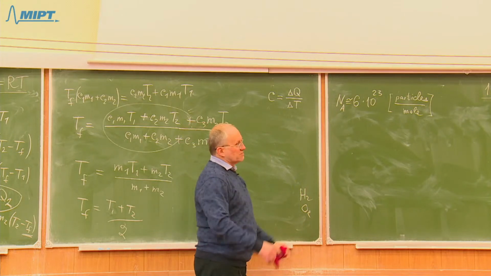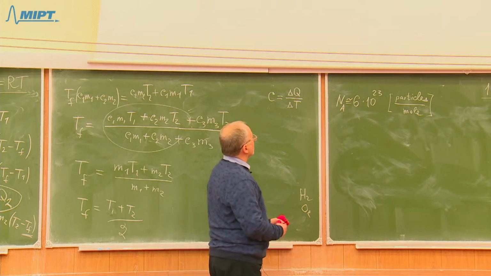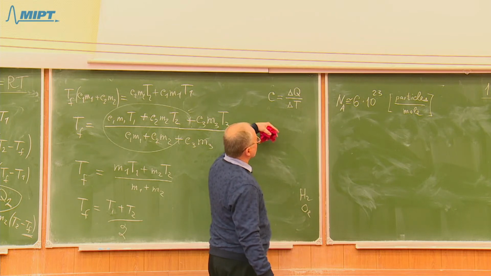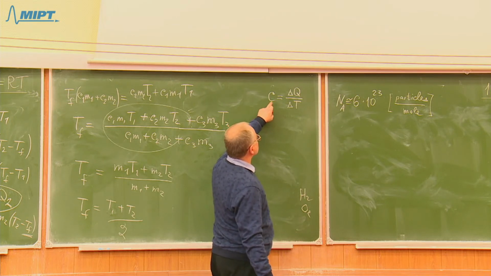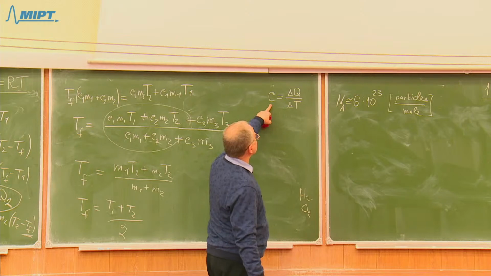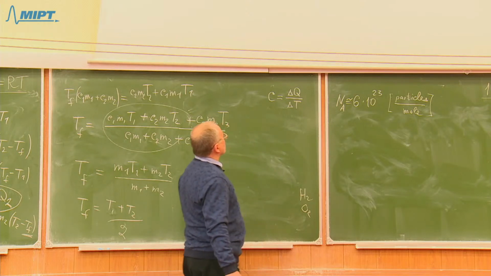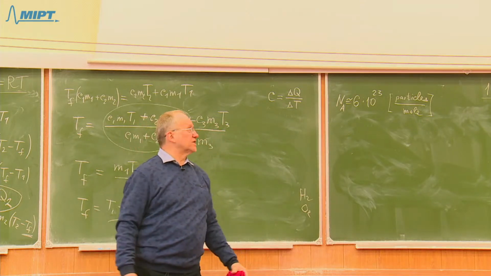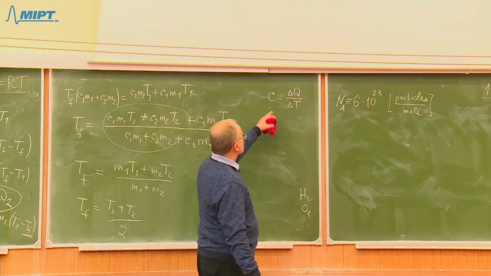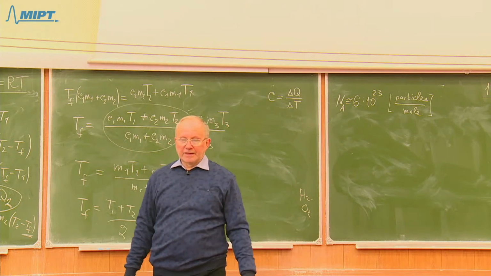And so I will consider the amount of substance as 1 mole for any substance, and I will consider the molar heat capacity. Molar heat capacity, that is a specific heat capacity referred to 1 mole here.